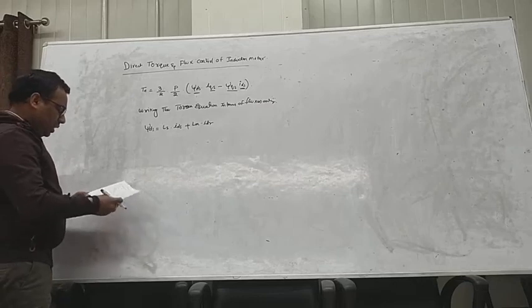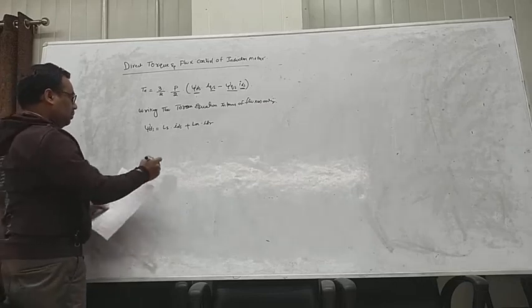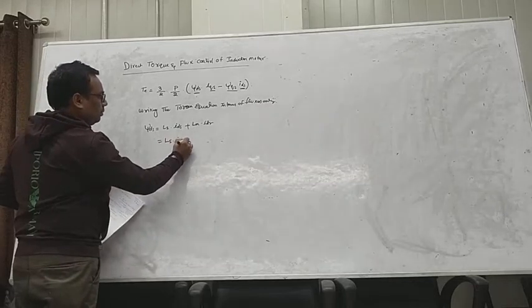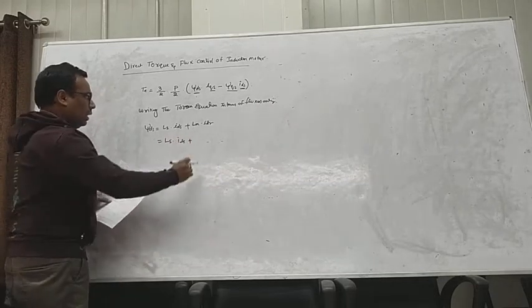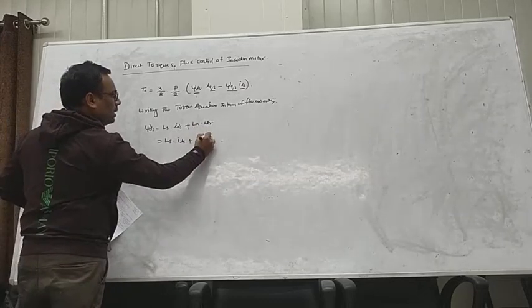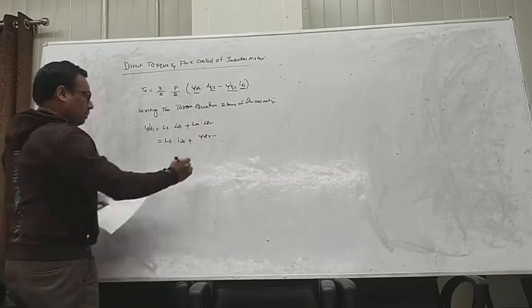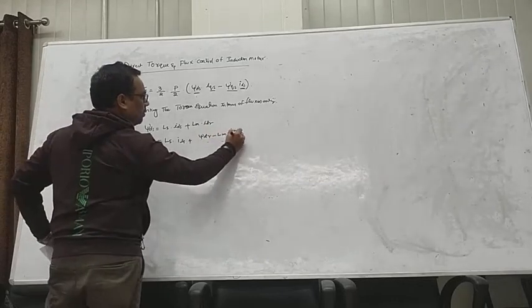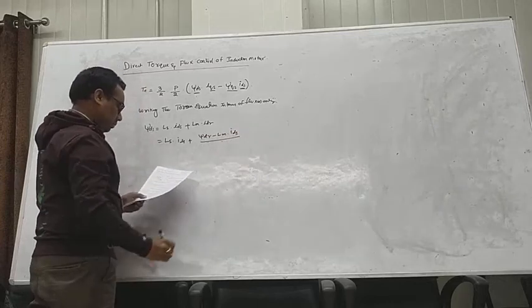Again this can be further simplified: Ls into IDS plus Lm into IDR, and IDR is psi dr minus Lm into IDS divided by Lr.